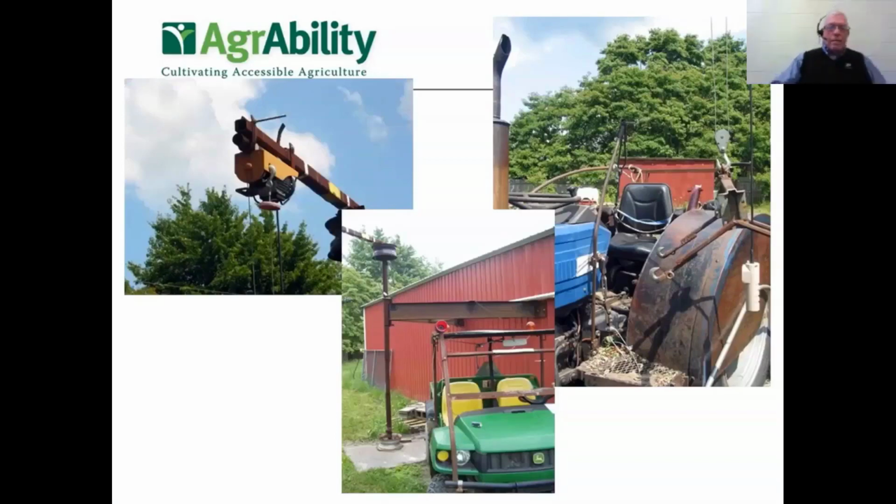I wanted to start, we're going to look at a number of different modifications. But I wanted to show you this first one to give you an idea of the resourcefulness of our farmers. Also, some of the safety issues. Cable winches that are not for human use.